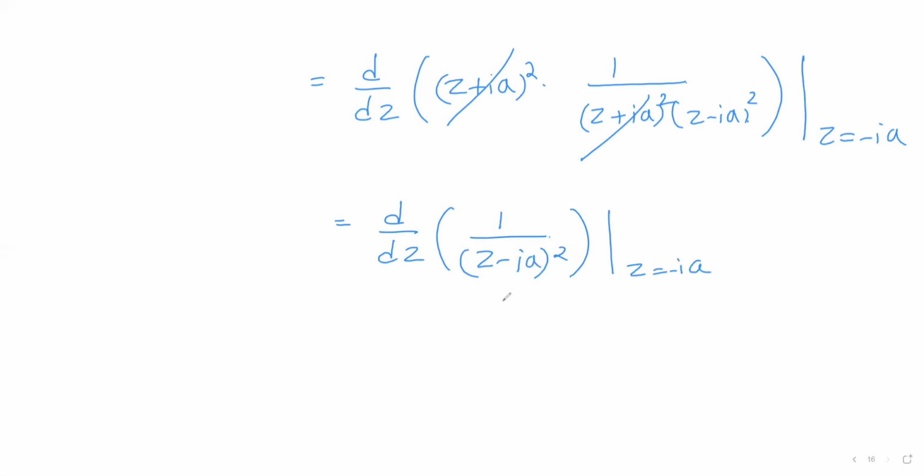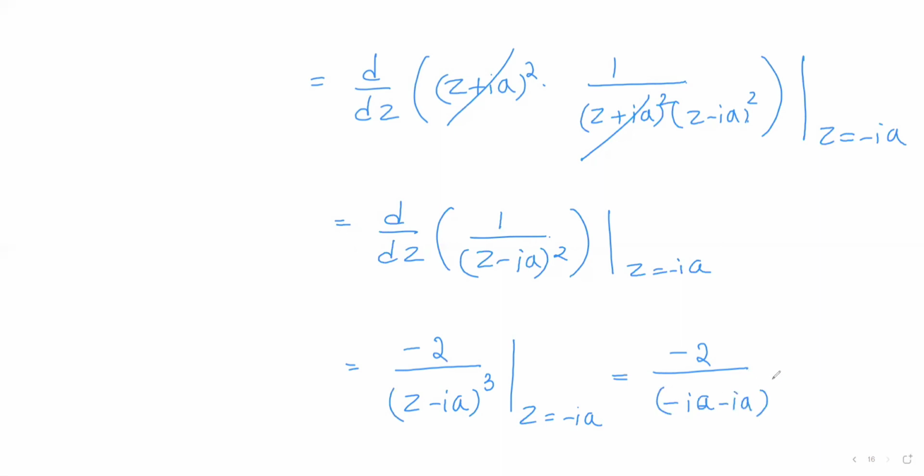Now it is of the form differentiation of 1 by z², so it is −2 divided by z³. So at z = −ia, it is −2 divided by (−ia − ia)³. So −2 divided by (−2ia)³.